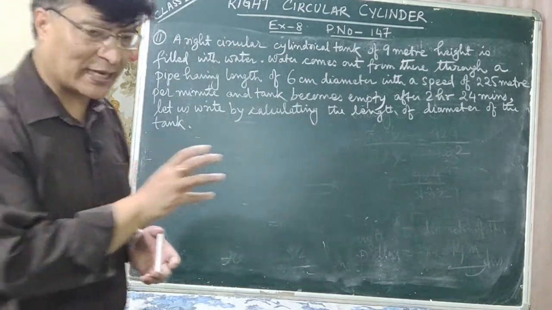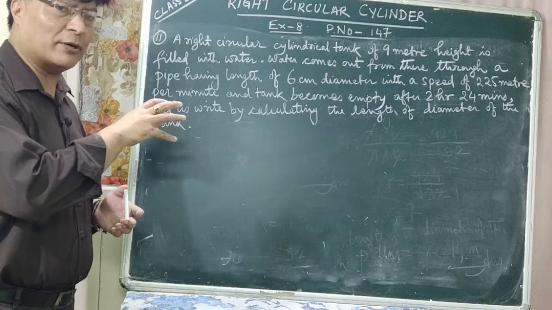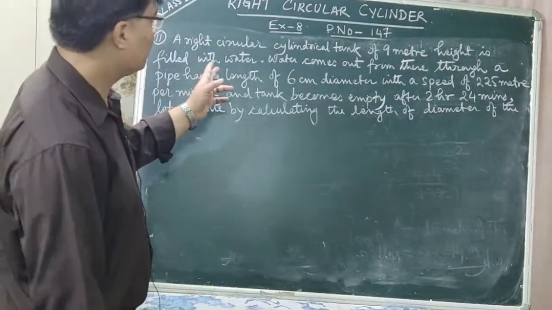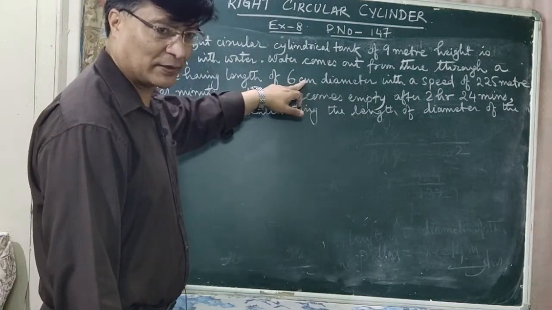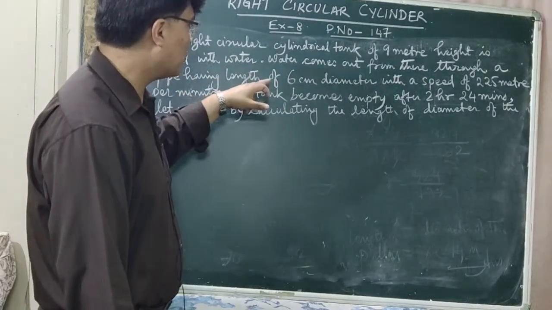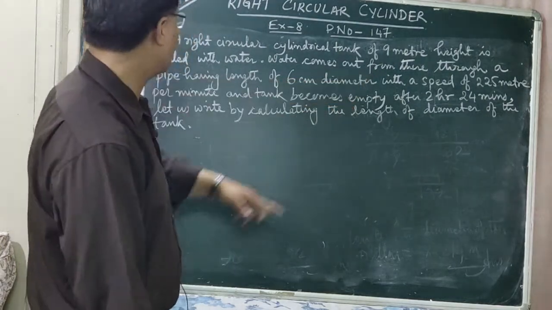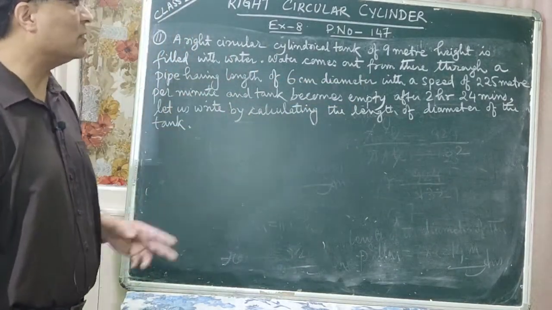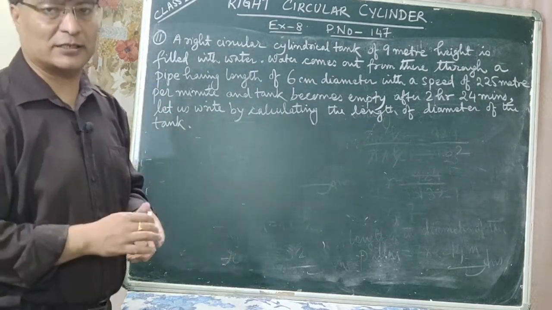Now what does it say? There is a small pipe in that tank, right? The diameter of that pipe is given as 6 centimeters. Water comes out from there through a pipe having a 6 cm diameter with a speed of 225 meters per minute.